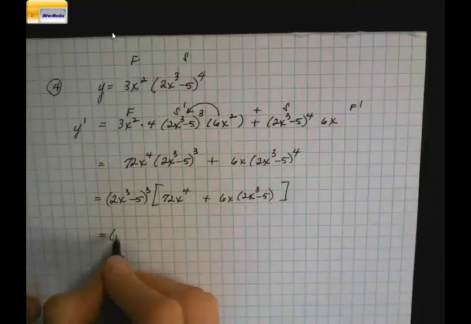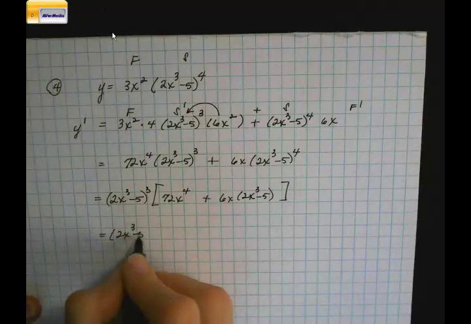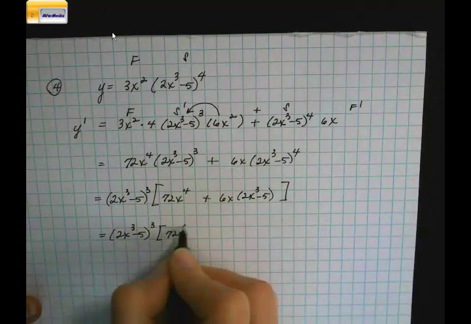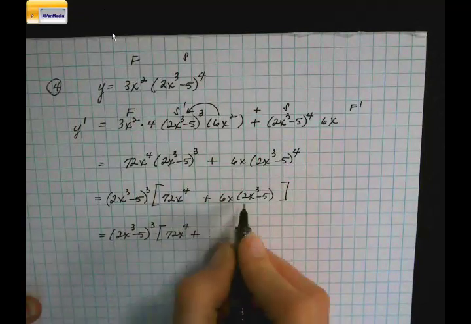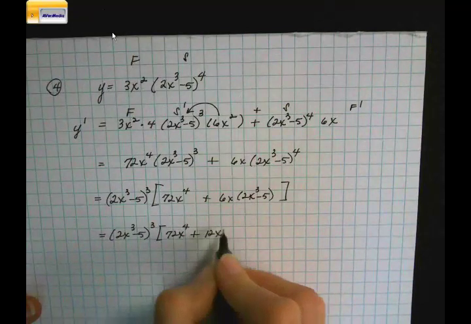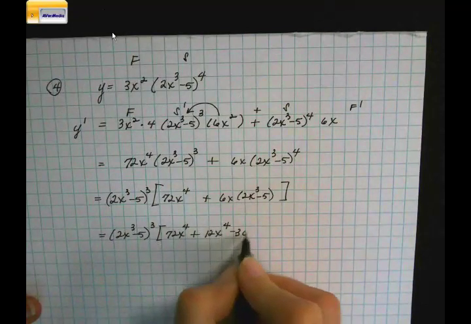This is just the first power, so I can distribute. 6 times 2 is 12, and x times x cubed is x to the 4th.